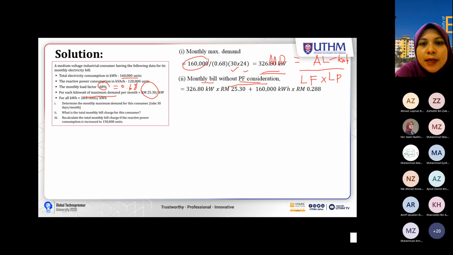So you multiply 326.80 kilowatt times RM25.30, plus the electricity consumption.